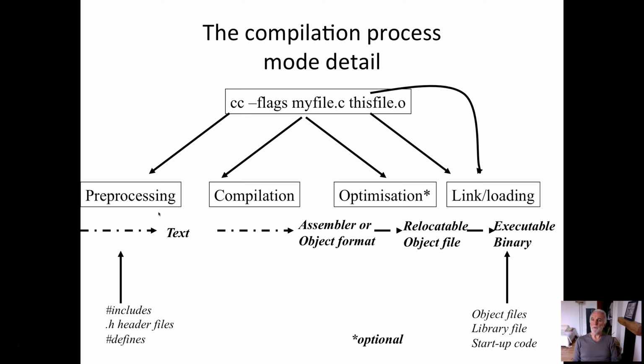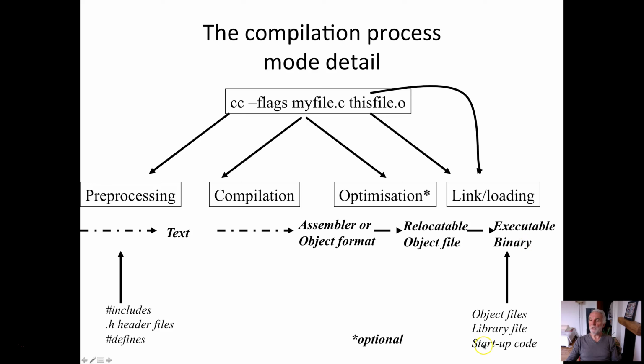Now the output from optimization is normally what's called a relocatable object file, and the file at the top here called this file, that is a relocatable object, which is now being linked in prior to loading, which is execution, really. Okay. Now there will be other files which you don't really have that much to do with, other object files which allow the creation of an executable binary.